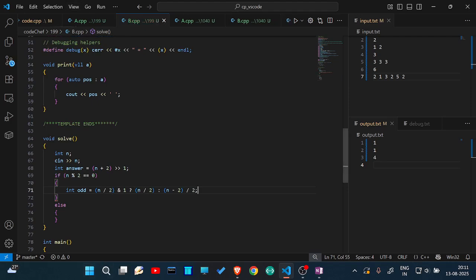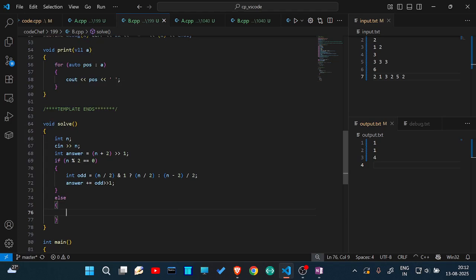See, if n by 2 is odd, this is odd, or right shifted by 2. Okay, so in the other case, what we do is when n is odd, int even equals, so it's again the same kind of thing.